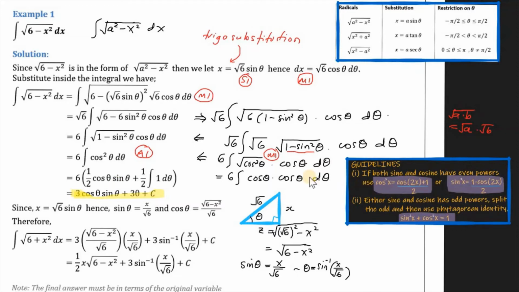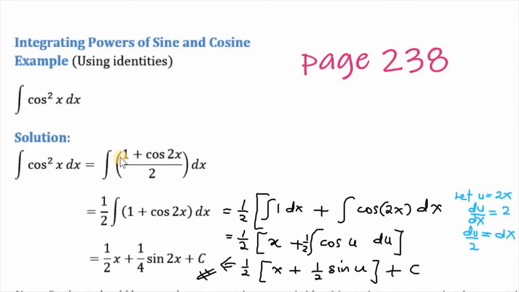You can either use this one, or like in this question, they're using another formula. Let's get the identity for cosine square theta. Let's look into our formula list. So let me recall you people back to the workbook page 238. Turn to your book. The cosine square that we left just now, we have done it earlier.